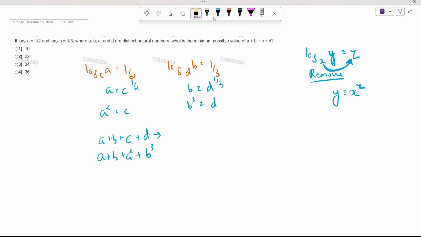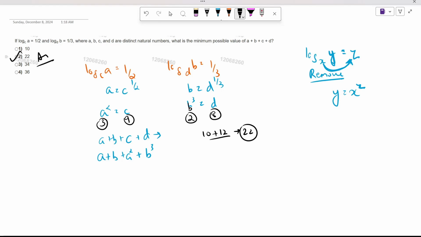Let's take b to be 2, and then d is 2 cube, that is 8, and let a be 3, then c becomes 9. If we add this now, 8 plus 2 is 10 and 9 plus 3 is 12. So the minimum possible comes out to be 22, that is option number 2.